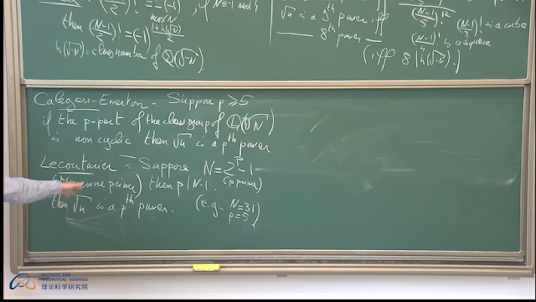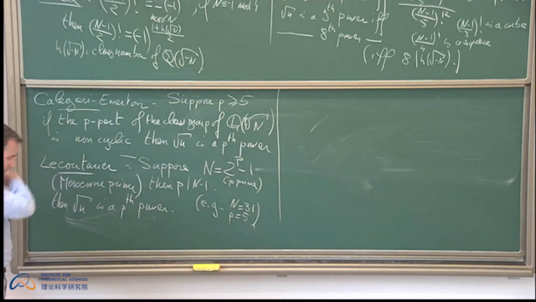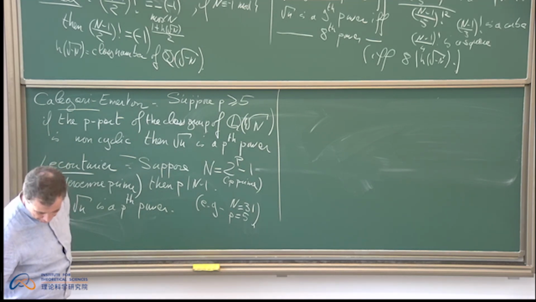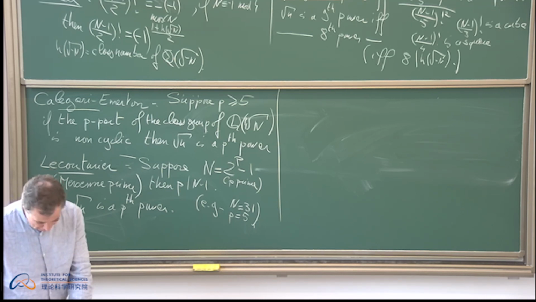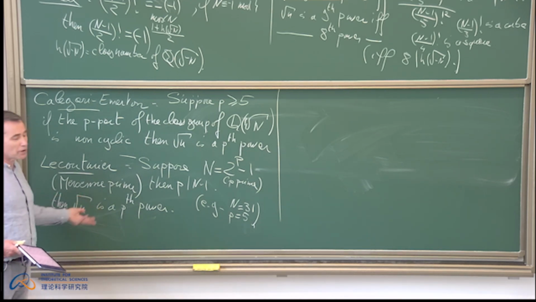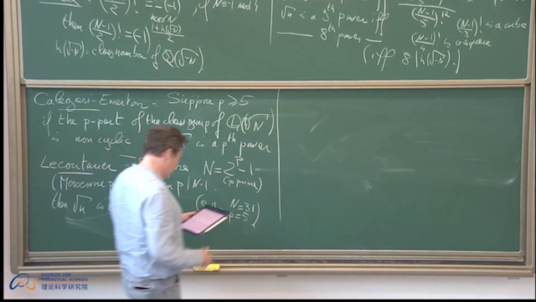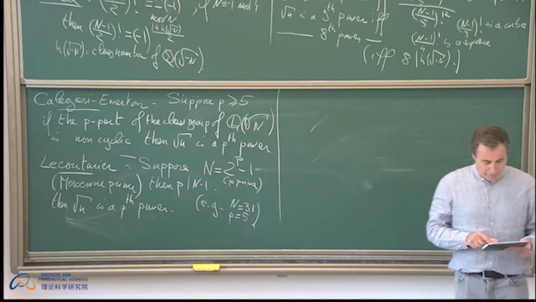And this is a completely elementary statement, but I don't know any elementary proof. In particular, this number is a p-th power, but you might ask, a power of what? Then there is no closed formula for the p-th root of this number.